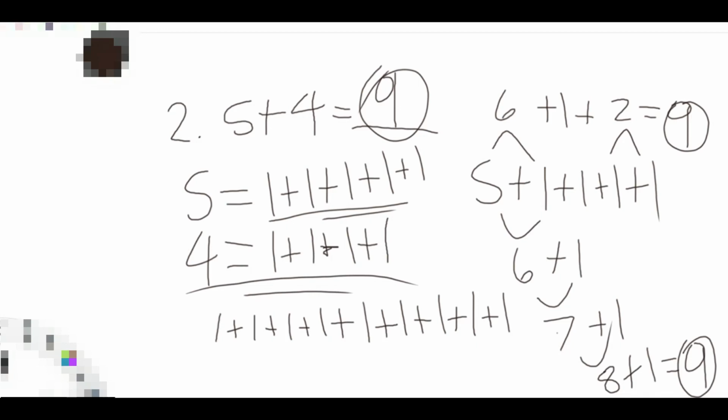And you could just count it. 1 plus 1 is obviously 2, and 3, 4, 5, 6, and that's 9. And also you could add these 2, or if you're good, you could do it 3 at a time, or even 4 at a time.